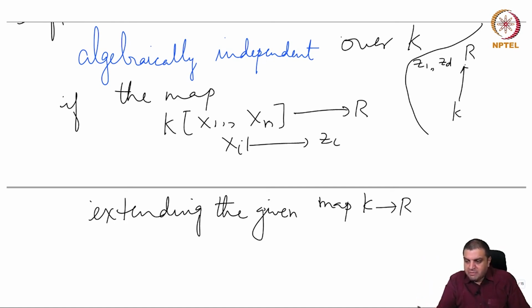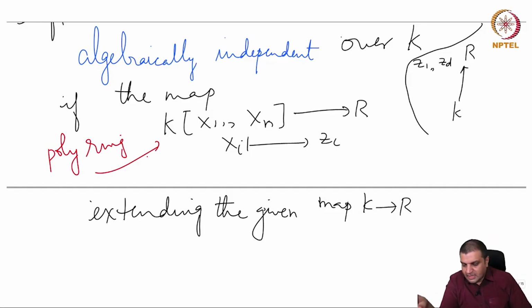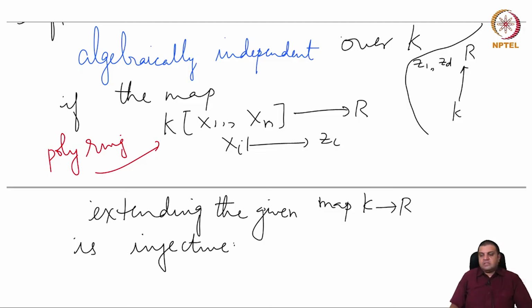This was in one of the first few lectures. We are given a map from K to R and finitely many elements. So maybe I should just say this is a polynomial ring. That extends to a map from the polynomial ring to R itself, extending the given map. Okay, so if this is injective, in other words, the algebra generated by Z1 through ZD and K inside R is a polynomial subalgebra.